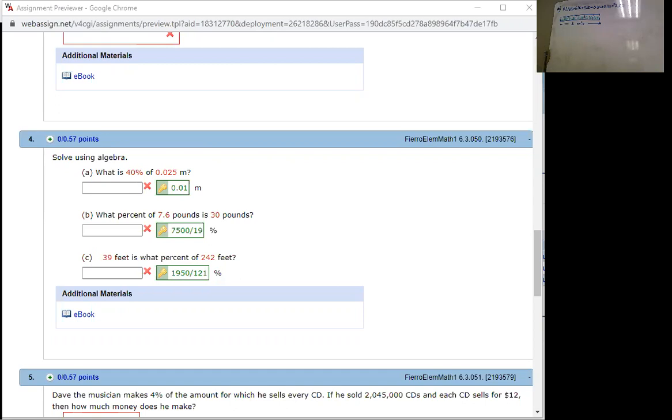Now part B, the cab fare for a 2 mile ride. Okay, well, not quite, because notice the first is $1.60.